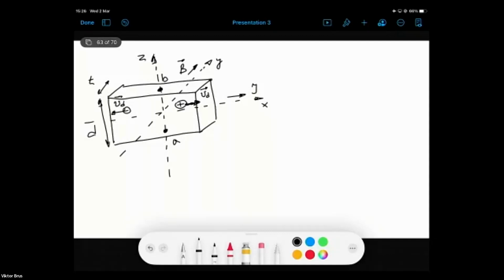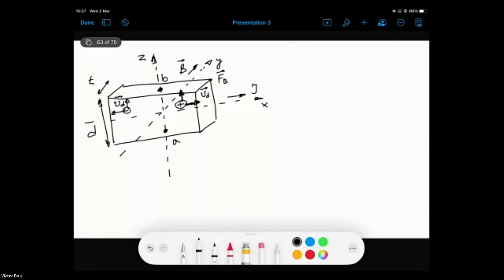So if we now apply this rule of the left hand, we will show that the magnetic force F_B is oriented upwards along axis Z. Similar will be for a negative charge, the same direction for the magnetic force.